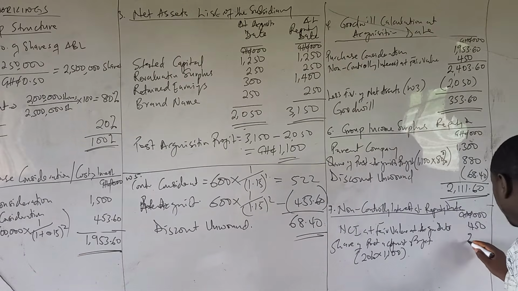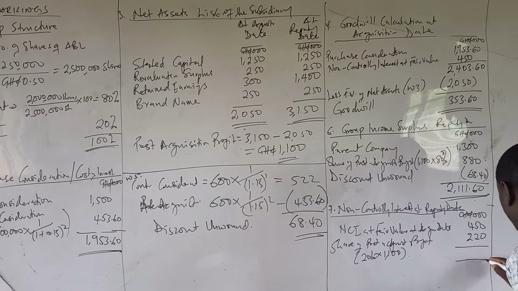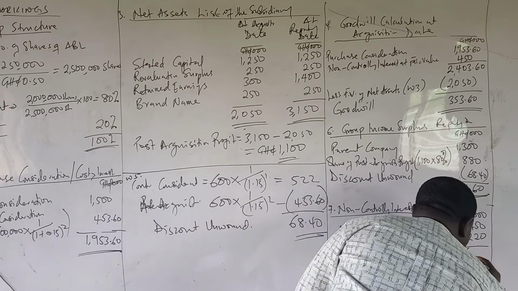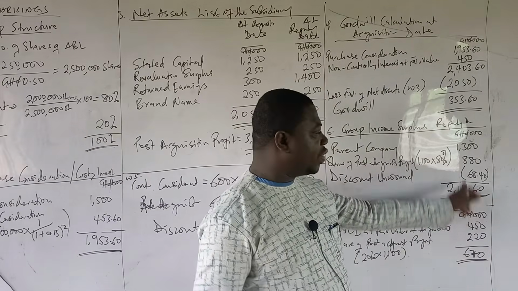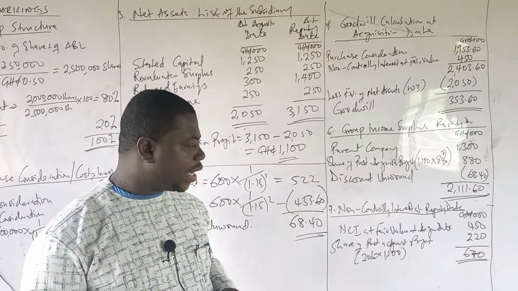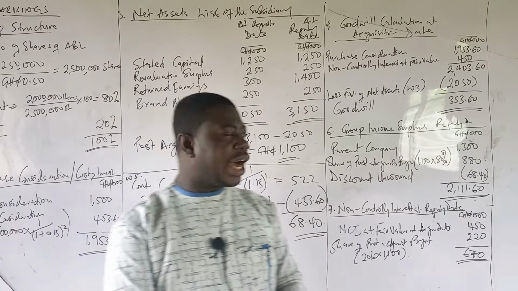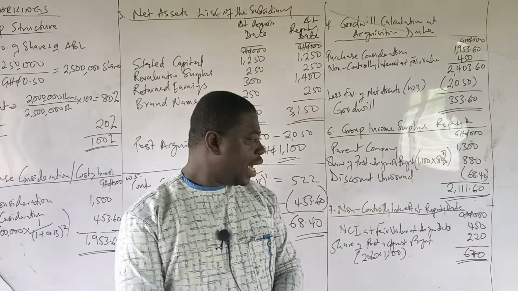So that is going to be 220. And so when we add 450 to 220, that gives us 670. Remember that in all this, there are 3 zeros up the currency sign. So this is how to go by the non-controlling interest at reporting date.